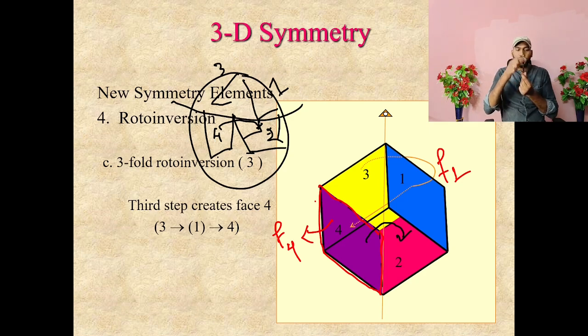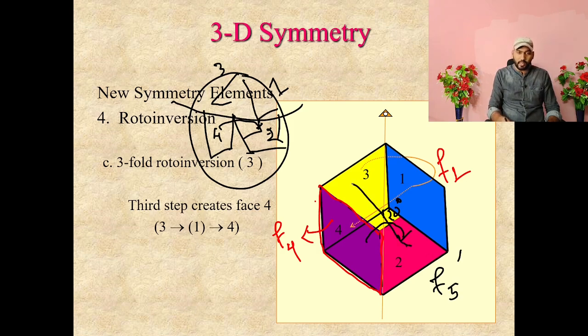In rotation we rotate in the same hemisphere; in inversion we have to change the hemisphere. So if we rotate 120 degrees, it will come to the position of the second phase. This is our F5 dash, the rotation phase. Then we have to invert.